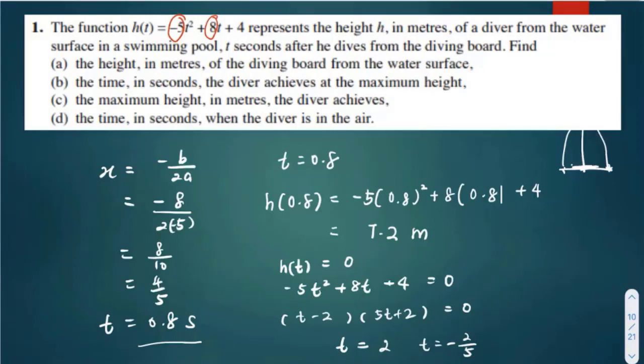Okay, even though you already get the t, from here, this one you know that it's rejected because it's a negative. Okay, so maximum is t is equal to 2, but the time in seconds, actually there's a range.